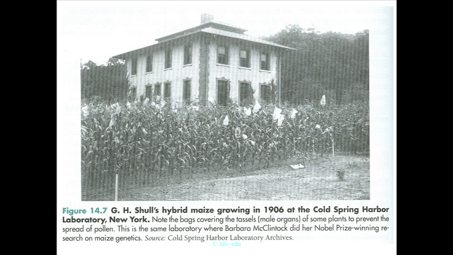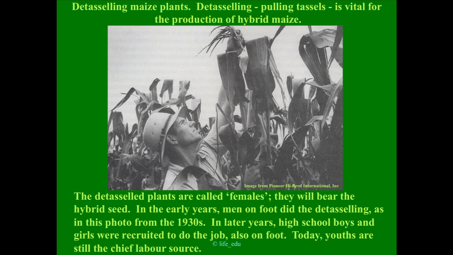But it's this same laboratory where George Shull worked on the first hybrid maize plants, where Barbara McClintock did her Nobel Prize winning research on maize genetics at Cold Spring Harbor. And Cold Spring Harbor has produced a number of other famous scientists and some who have presided over that laboratory for a number of years, including James Watson and Stephen Della Porta.